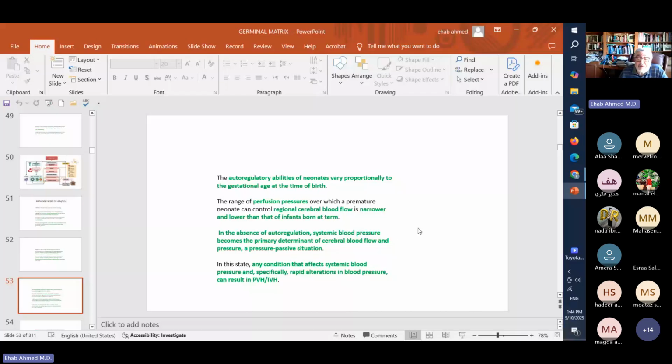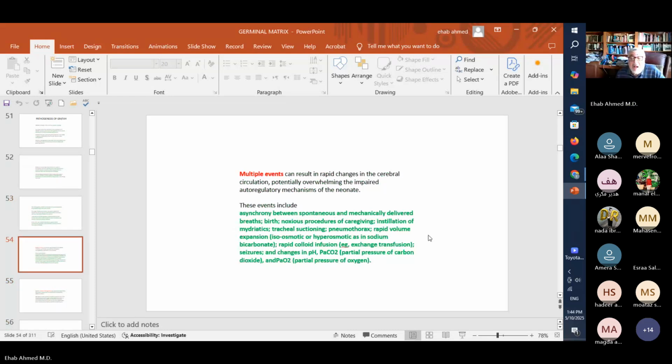And if we have fluctuations in blood pressure or in blood volume, as we said, this is going to add to the problem. And usually it's multiple issues, a multifactorial problem. And then what are the other events that add to the problem?